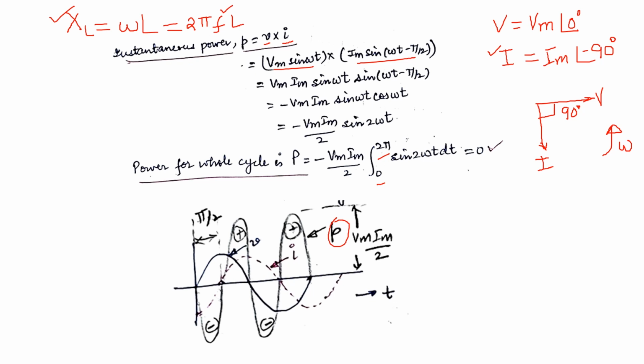Now in this graph, the maximum value of the instantaneous power is Vm Im by 2. So that is indicated here, Vm Im by 2. That is the maximum value of instantaneous power.